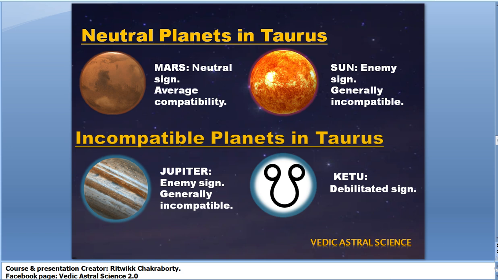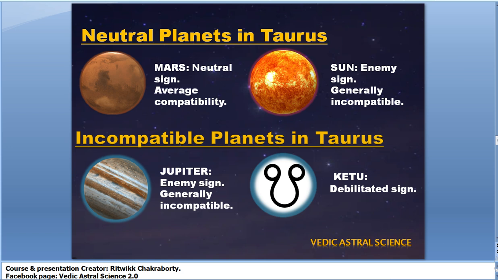A person would be born around 12 noon, and at that time Sun becomes very strong. So this contributes to the Sun's advantage in this position. That is why I don't consider Sun as an incompatible planet in sign Taurus. Neutral will be the right word to describe it.